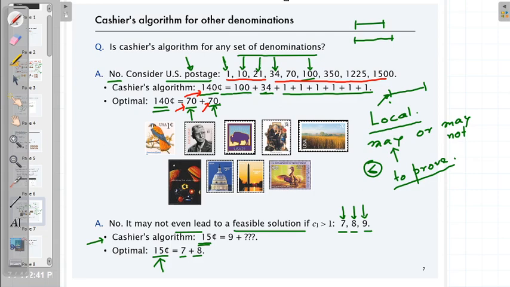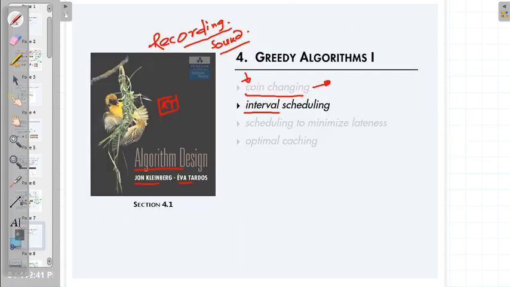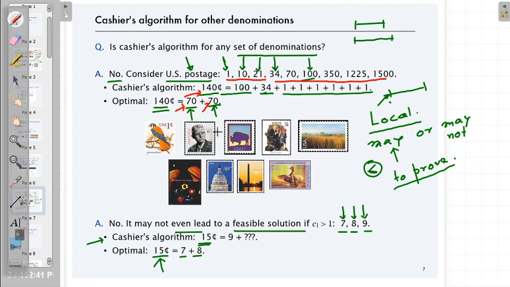And another bizarre example is that even a feasible solution is not possible at some point. This 15 has to be matched, but we get 9 first with the cashier's algorithm, and then from the remaining 6 we see that no denominations are available.